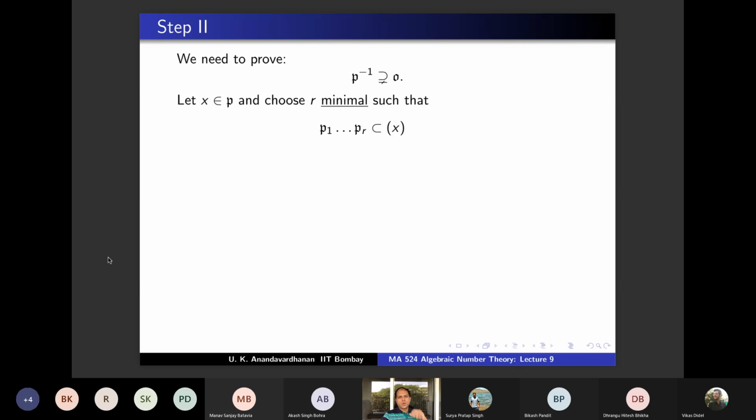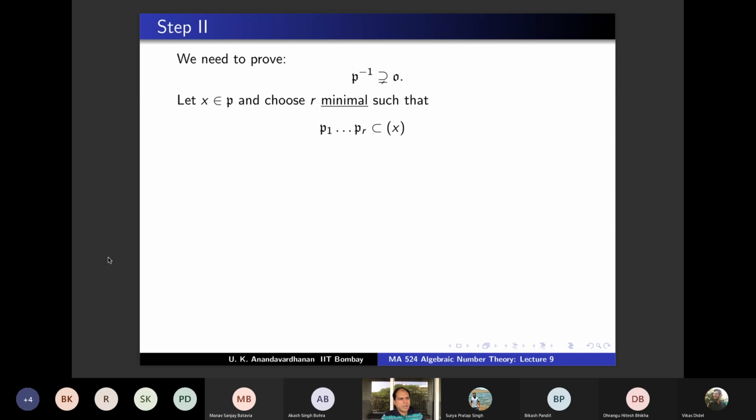So by step 1, you know that any ideal contains a finite product of primes. That was step 1. So if you choose any X in P and take the ideal generated by that, in particular, this ideal contains a finite product of primes.